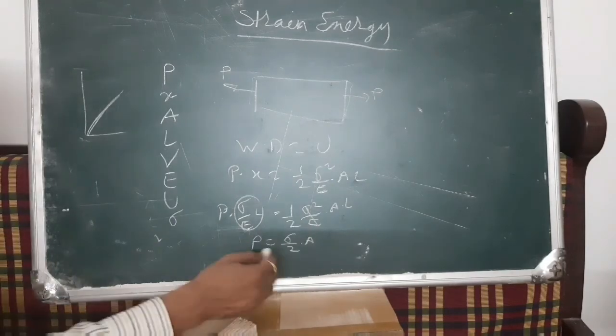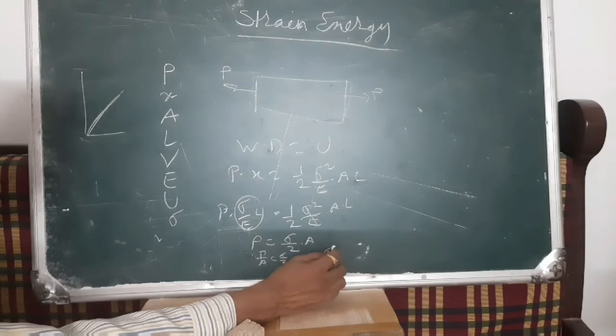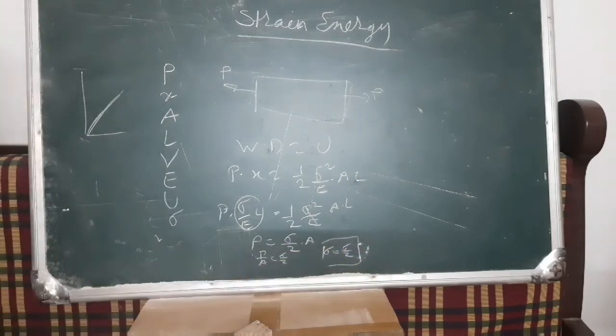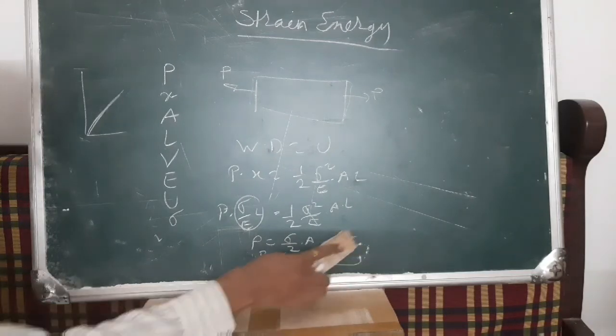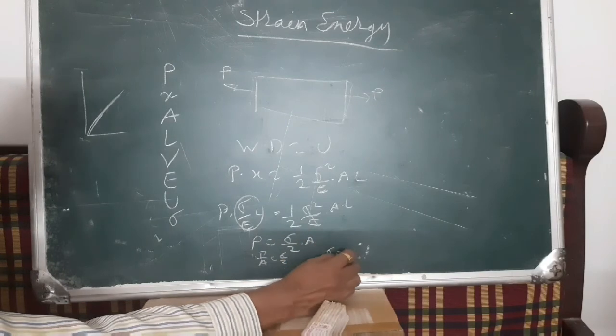We can say in that case P by A is equal to sigma by 2. What is P by A? We can say sigma is equal to sigma by 2. What does this mean? Sigma is equal to 2 sigma.